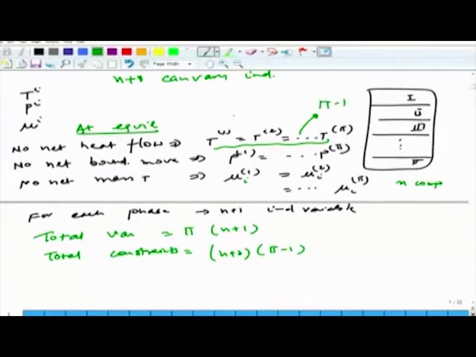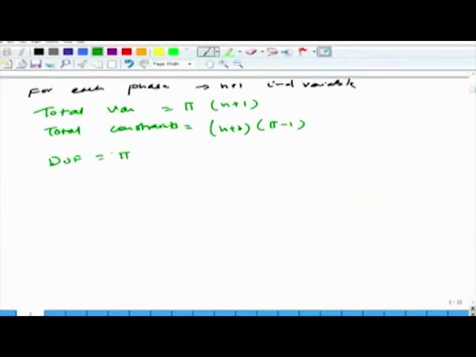For each variable we have pi minus 1 constraints. So, total constraints are this. The degree of freedom is the total number of variables minus the number of constraints. This gives you n plus 2 minus pi, and n is the number of components. One can also write c plus 2 minus pi or c plus 2 minus p. These are the same thing, because c is the number of components. So, this is what we call the Gibbs phase rule.